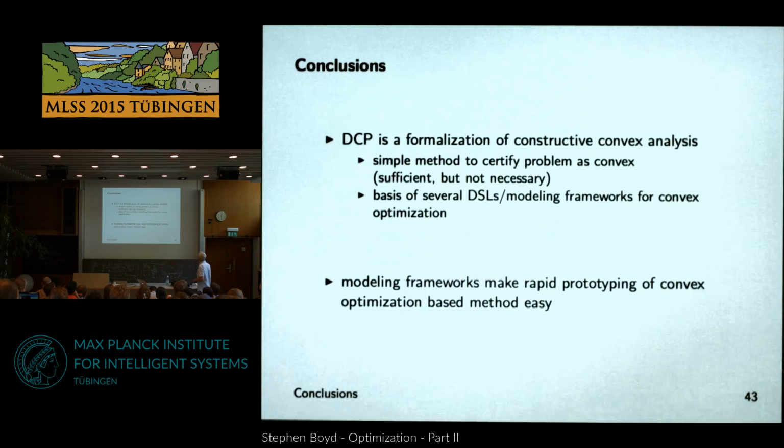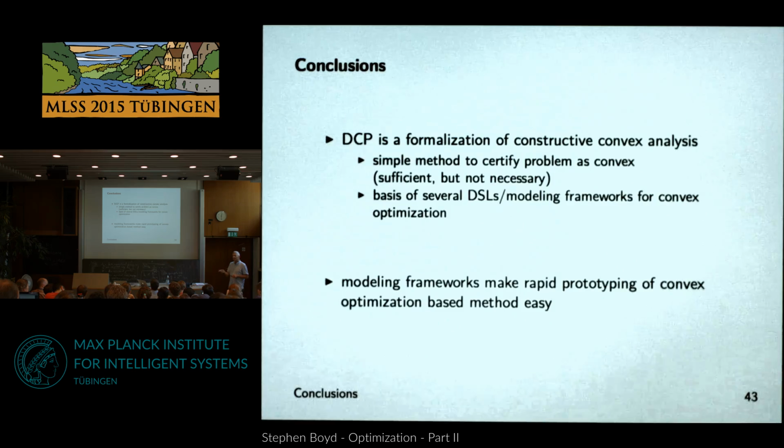There's not much to say. The idea is you have this constructive convex analysis. It is not meant to identify every convex function as convex. That's not the point. Never was, never will be. What it is, is a way to show that a giant pile of convex and concave functions that come up in applications are convex.